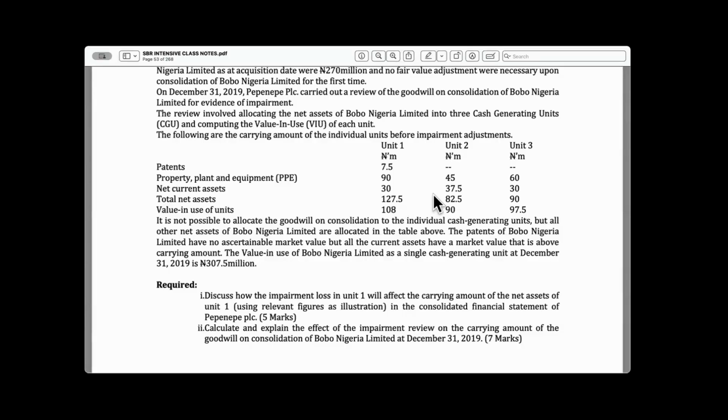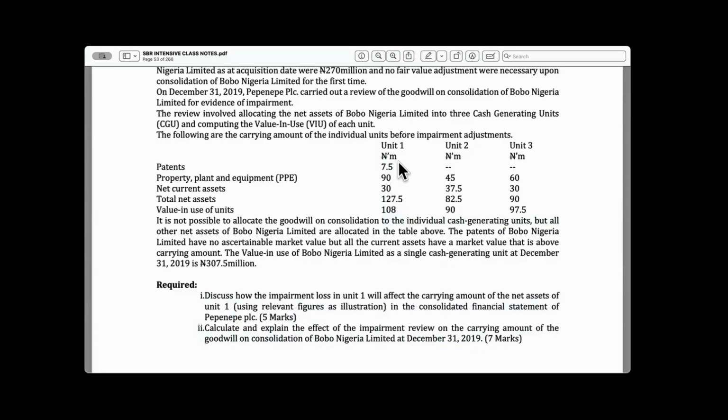Next would have been the net assets, but they said the current assets have a value above market value, so we will not impair the current assets. So the balance will be applied to the PPE, since it is the only asset. That's absolutely correct. So of that 19.5, first 7.5 will go to patents.